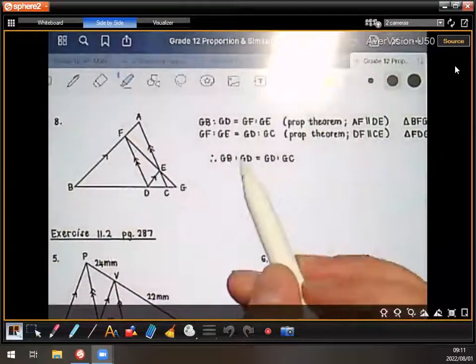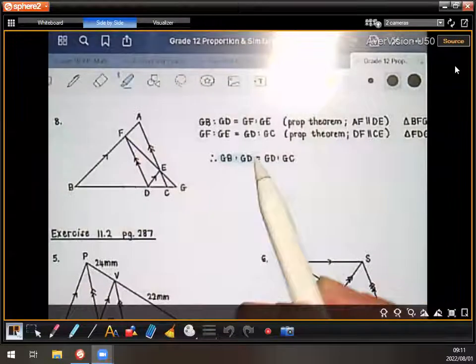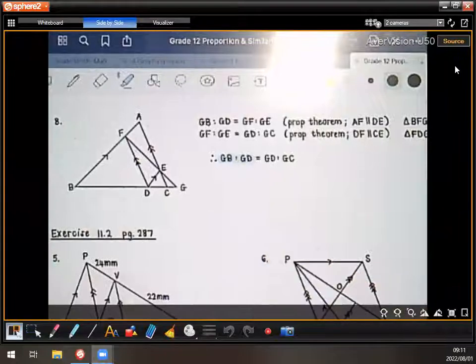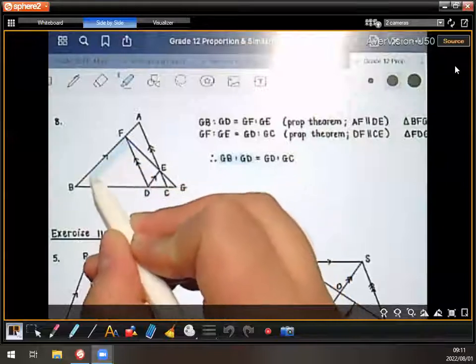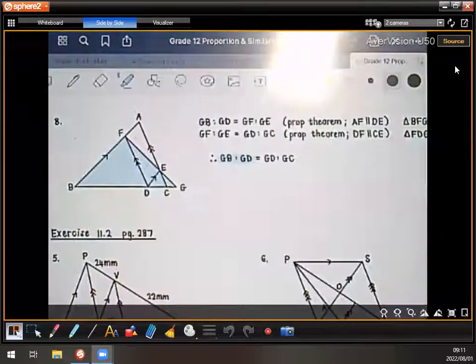So, first, I tried to find GB to GD. And again, you could write it in fraction form, that's fine. I tried to see, is that equal to something else? So, I looked at triangle BFG. I'm going to put it in here for you, and then I'll take it away. This triangle was the first one that I looked at.